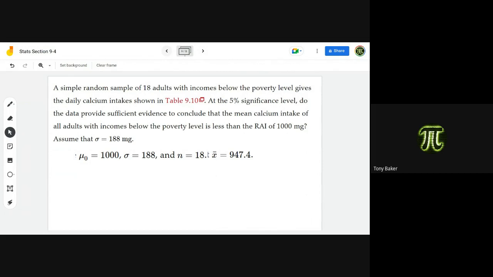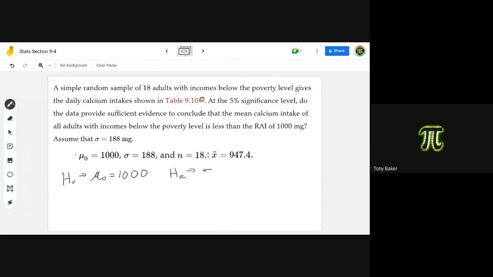All right, so step one is to do what? Null hypothesis and my alternate hypothesis. So what's my null hypothesis for this one? That my mean is what? 1,000. Okay? And my alternate hypothesis is what?